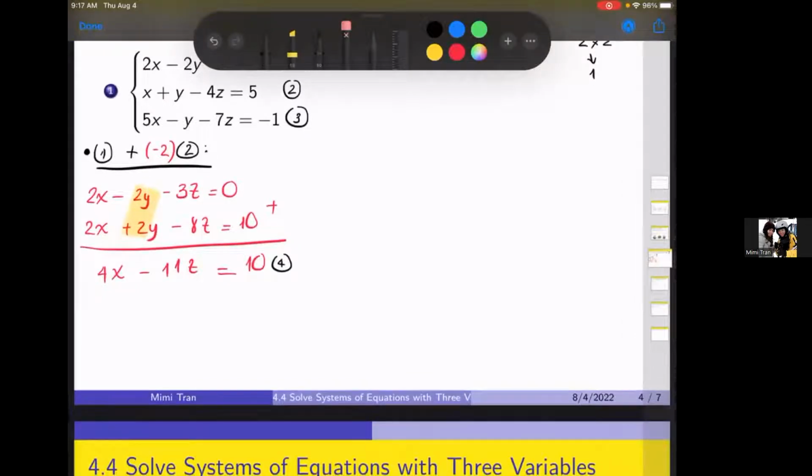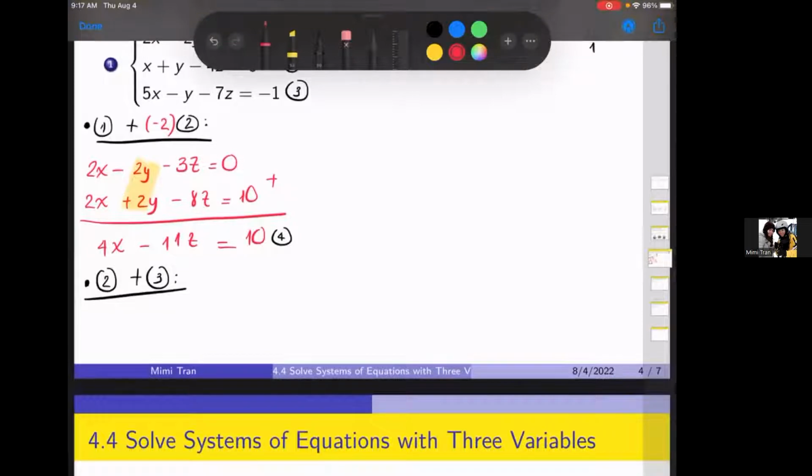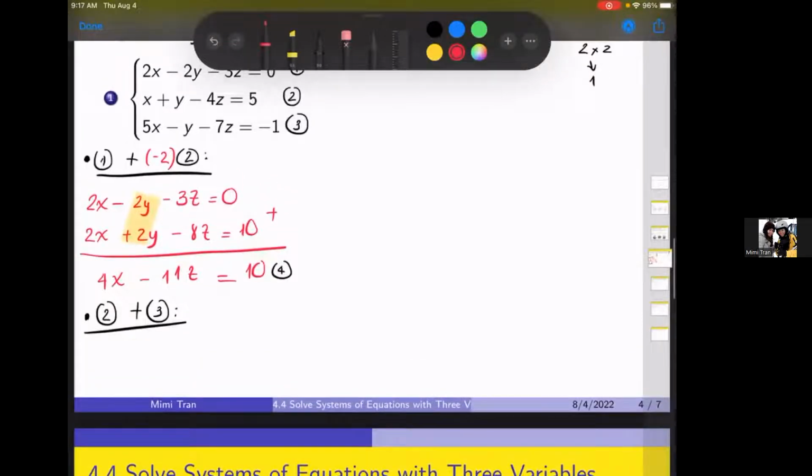So 2, 3. What I'm going to do is take equation 2 and add it to equation 3. I'm going to rewrite it for the sake of the notes. Equation 2 is x plus y minus 4z equal 5, and then 5x minus y minus 7z equal -1.